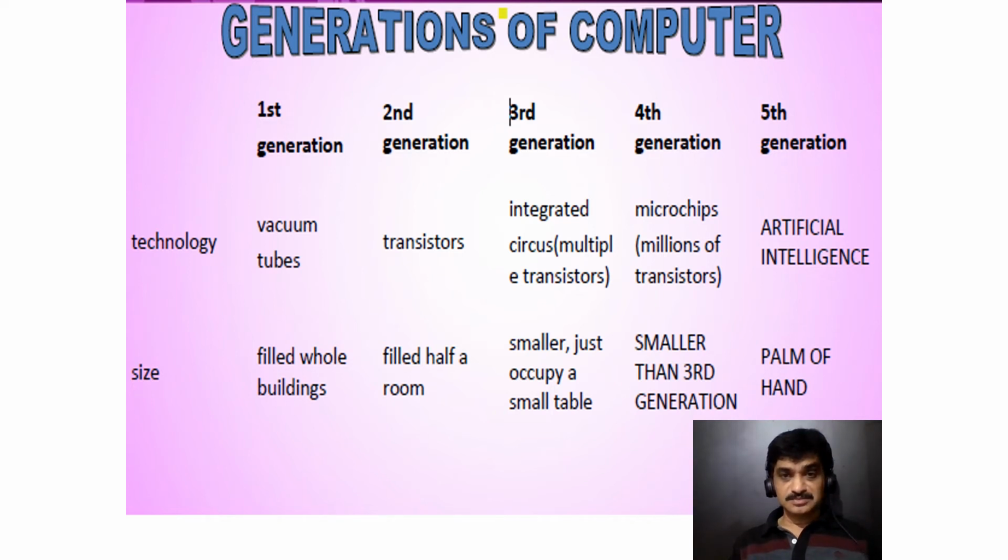If you see the third generation computers, they used integrated circuit technology. Here circuits is printed. Please understand, it is not circus, it is circuits. Integrated circuits, or ICs as we also call them, could accommodate many transistors in a small instrument.